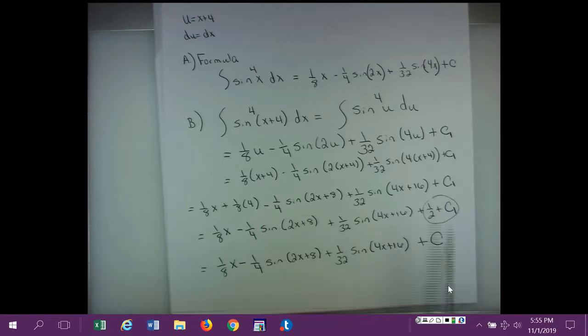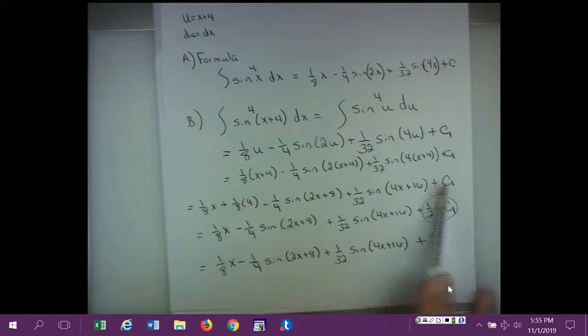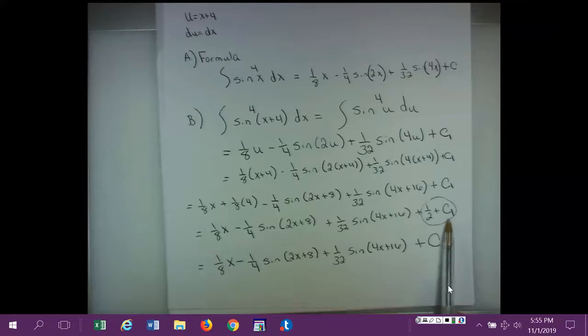You don't really realize that until you find out that in simplifying this, you have a number like 1/2. 1/8 times 4 is 1/2. Then you realize you're going to have to add those two terms together and collect like terms and make it a c sub 1 instead. So this should be your final answer if no mistakes have been made.